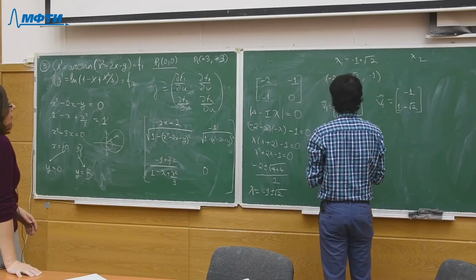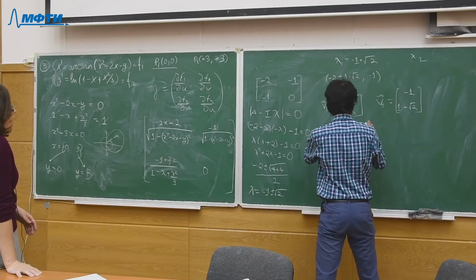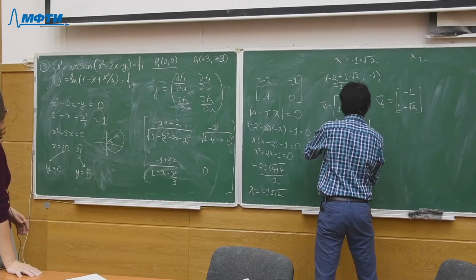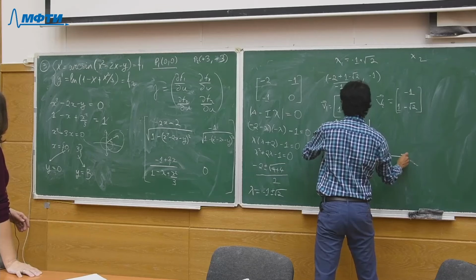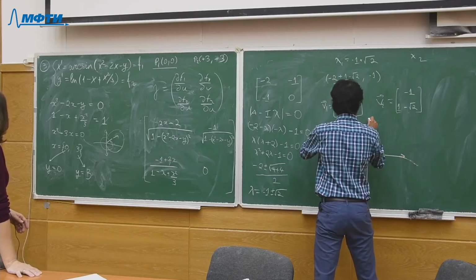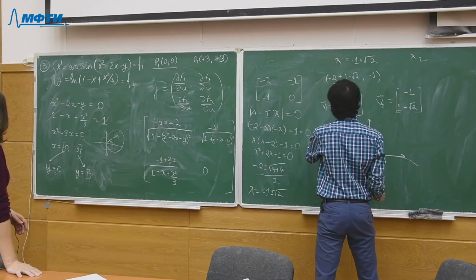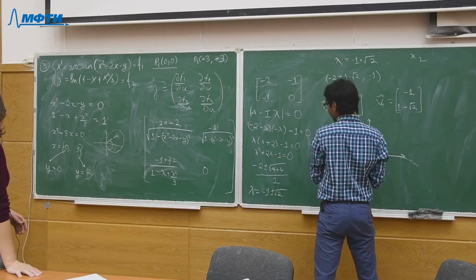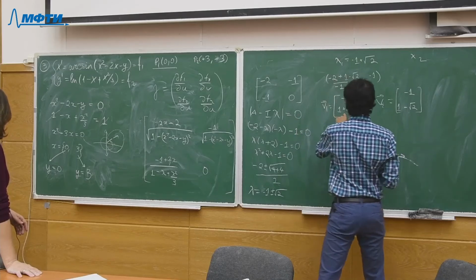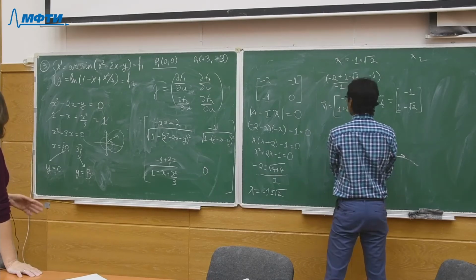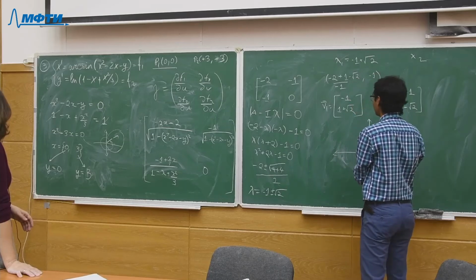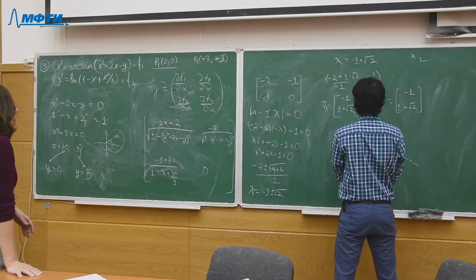Now I have vectors for plotting them. The real part is negative, so it's a sink. First draw the straight line through the vectors and through the point 0, 0.